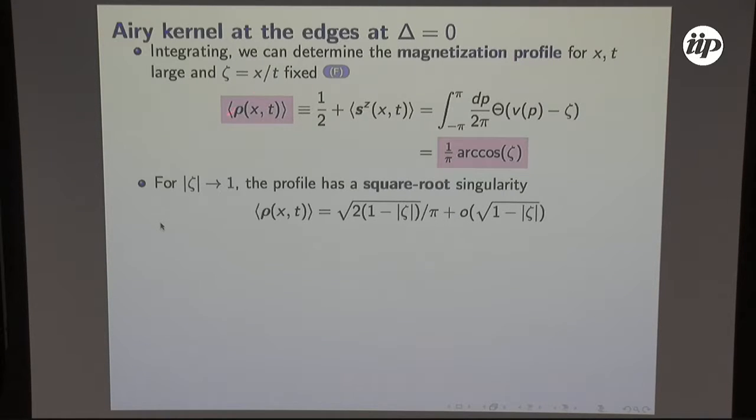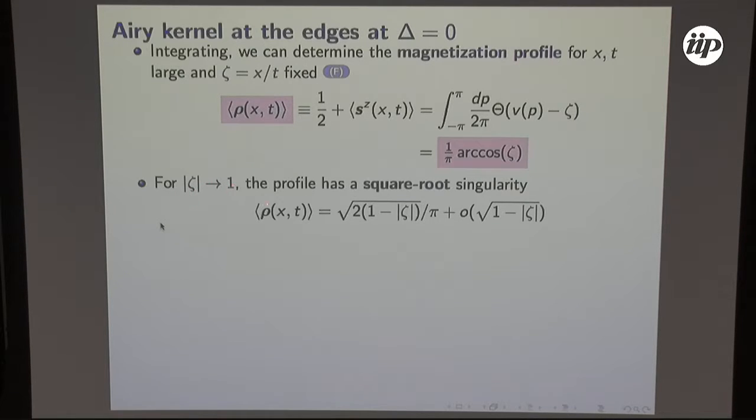And it turns out that rho is arccosine of x over t. So that function, which was in the first slide, was arccosine of x over t. Okay, so here there is an interesting remark which I don't know if it might be interesting for you.